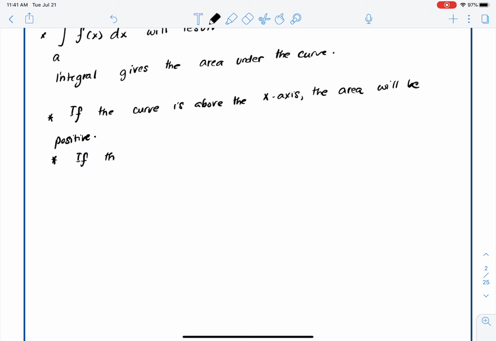If the curve is below the x-axis, the area will be negative.